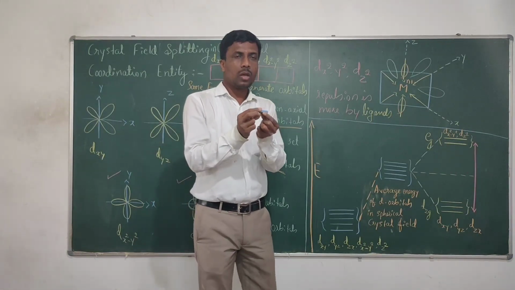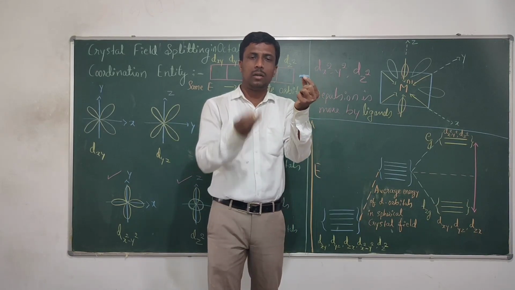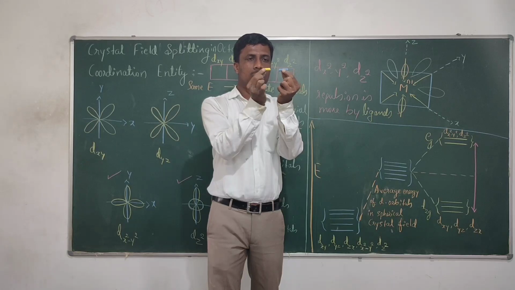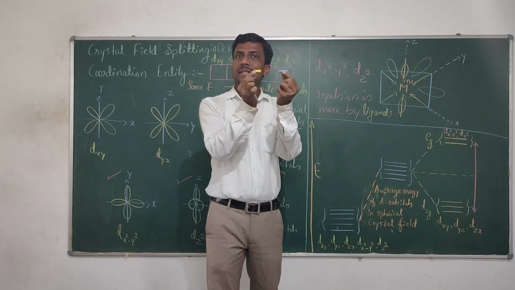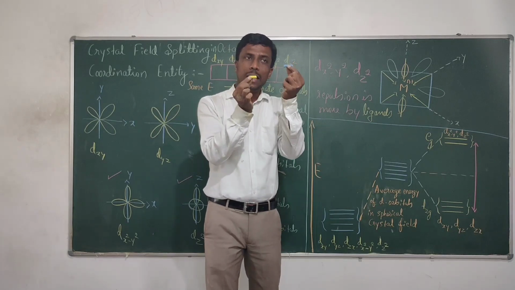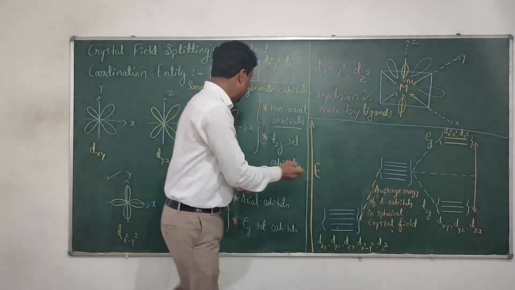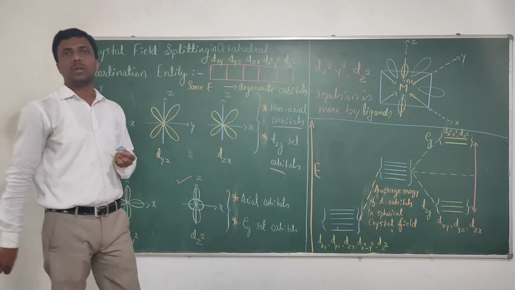Why? These are the lobes of the dx square minus y square and dz square orbital. This is one ligand. They are approaching directly. In the same direction, the ligands are present and the lobes of these two orbitals are also present.